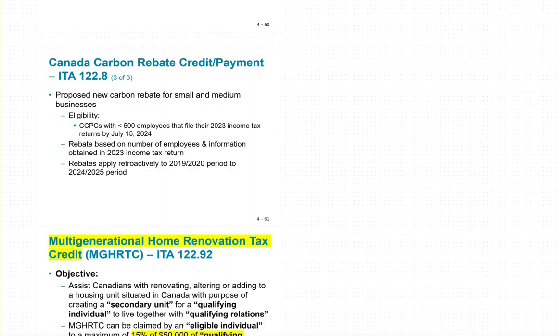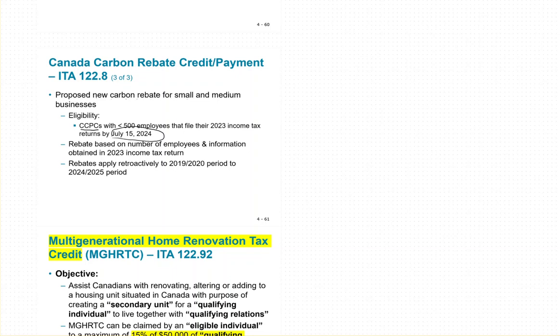So what happens is there's a new credit that came in, and in this case it's like a rebate. On July 15, 2024, a new carbon rebate was proposed for small and medium businesses, that is CCPCs with less than 500 employees that filed their 2023 income tax return by July 15.